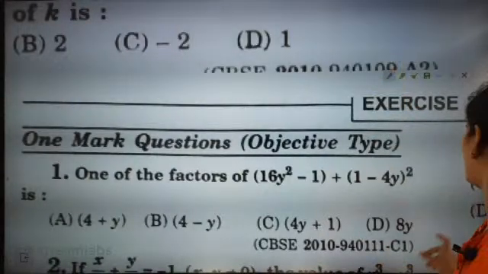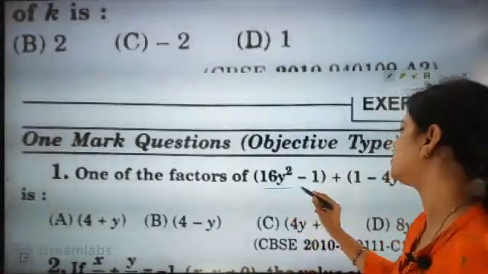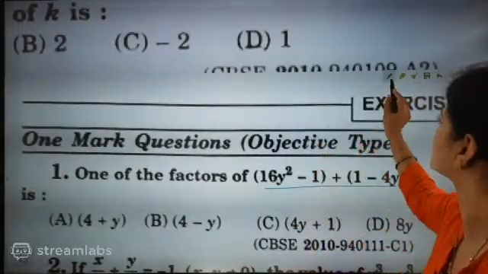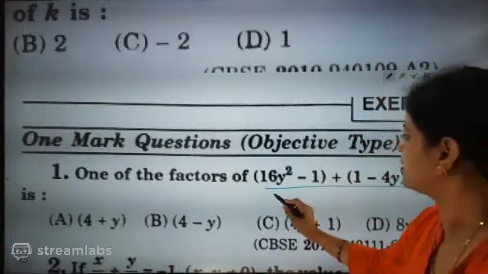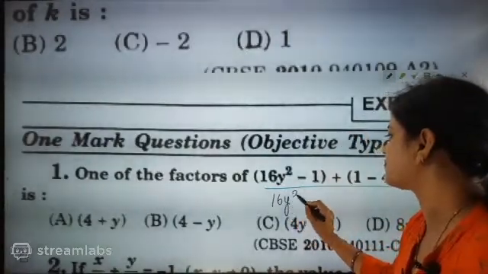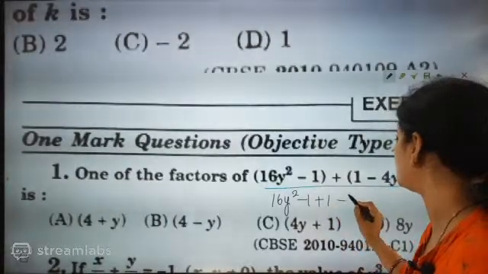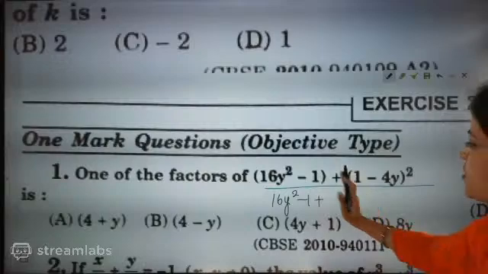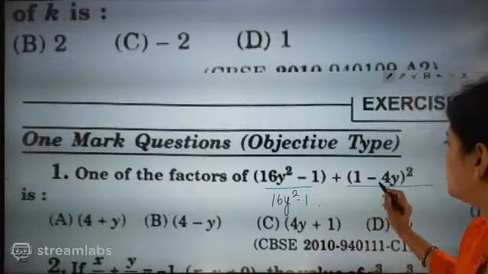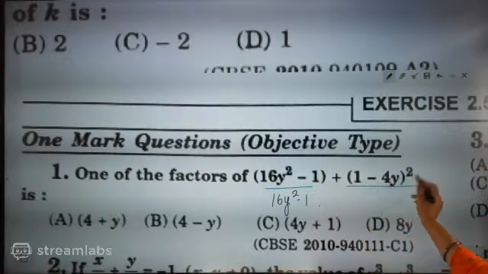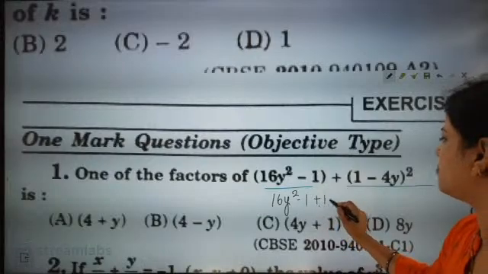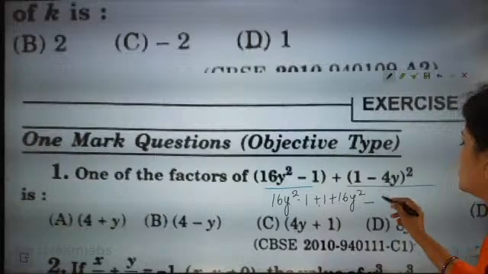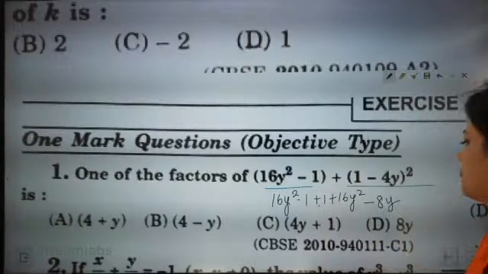Now look here, beta. What could be the factor of 16y square minus 1 plus 1 minus 4y square? Here it is 16y square minus 1, and here it is 1 minus 4y square. So it is plus 1 plus 16y square and then minus 2 4s are 8y.